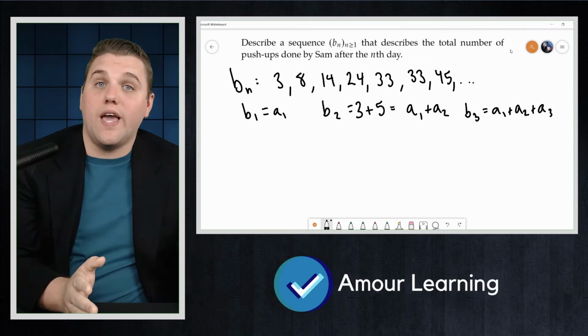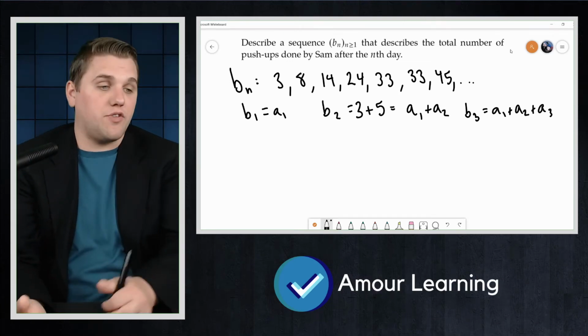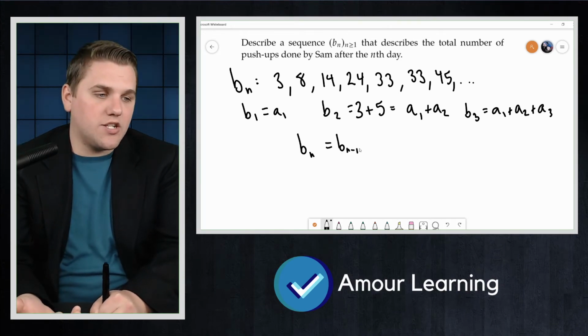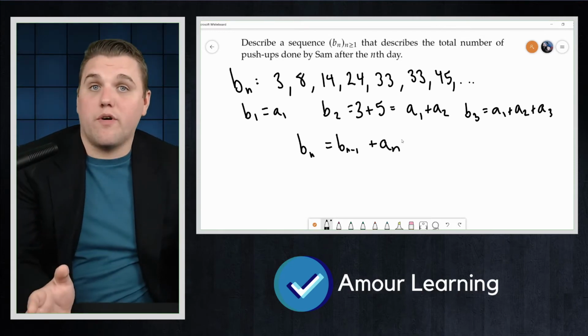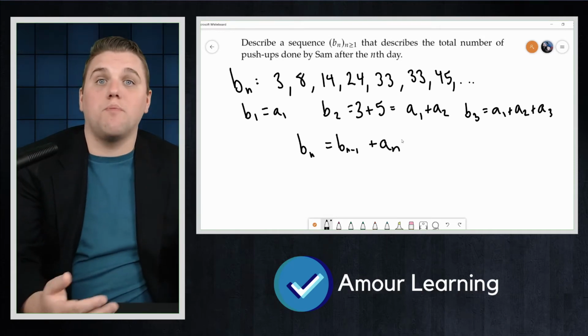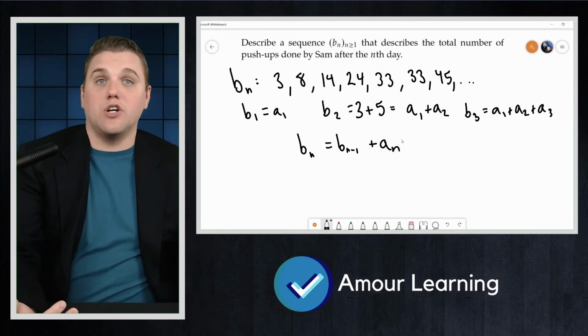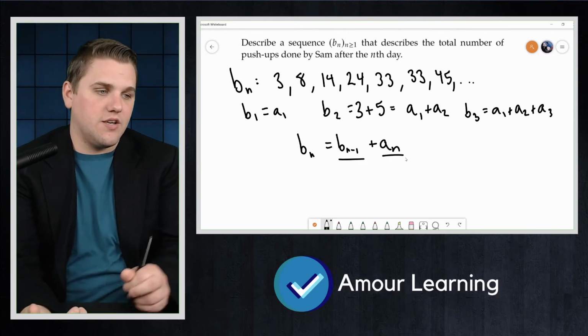There are a few ways we might describe b_n in general. We could do so recursively as b_n equals b_(n-1) plus a_n, since the total number of push-ups done after n days will be the number done after n minus 1 days plus the number done on day n, which is exactly what this is conceptually.